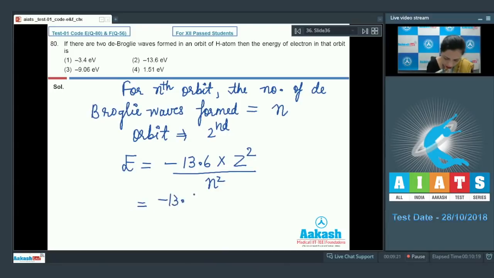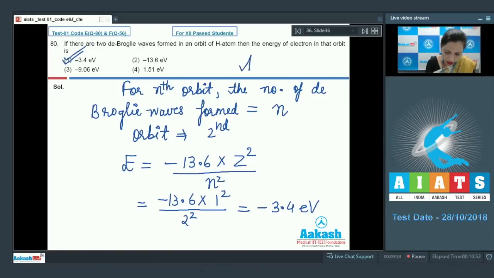Minus 13.6 into the value of Z for this case is 1, because we are talking about hydrogen atom, and n is 2. So the value is minus 3.4 electron volt. And yes, the answer is option 1 for this case. I hope this question is clear to you.